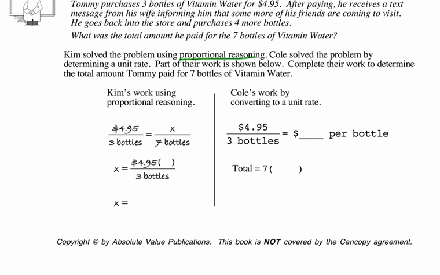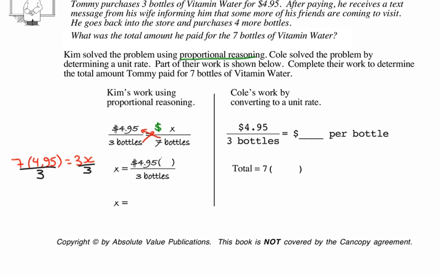So remember with proportional reasoning, if we have $4.95 per 3 bottles, so we're looking for x dollars and we have 7 bottles, and we cross multiply. I'm just going to add a step over here. So you have 7 bottles times $4.95 equals 3x, and then we have to divide both sides by the 3 just to get x by itself.